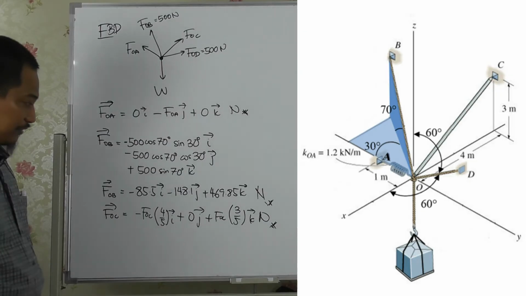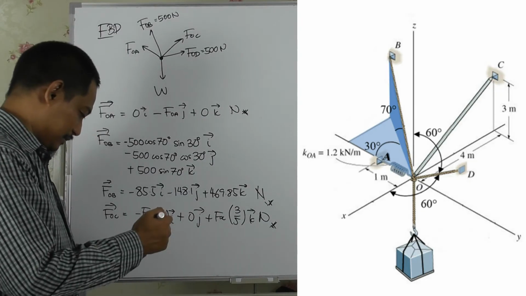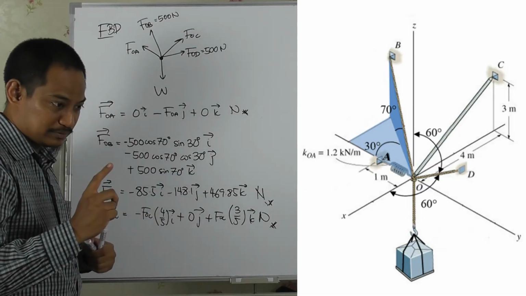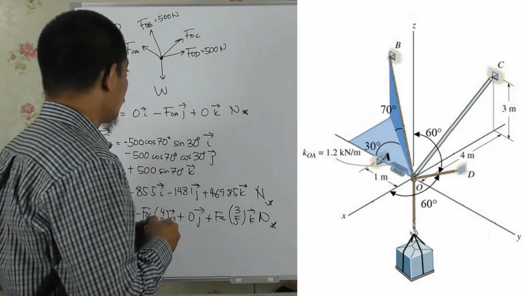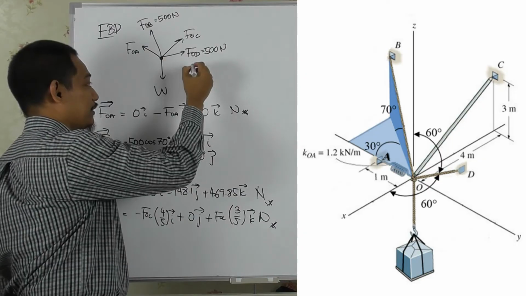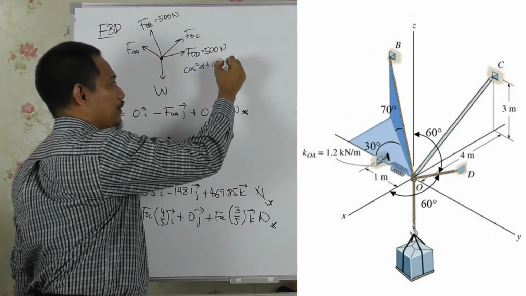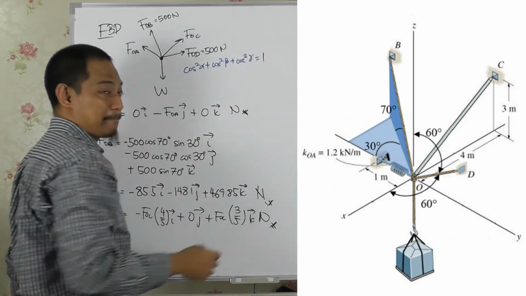What else? FOA, FOB, FOC, FOD. For FOD, the information given is alpha, beta, gamma, but we only have alpha and gamma. We do not have beta in the diagram. So we have to use cos squared alpha plus cos squared beta plus cos squared gamma equals 1.